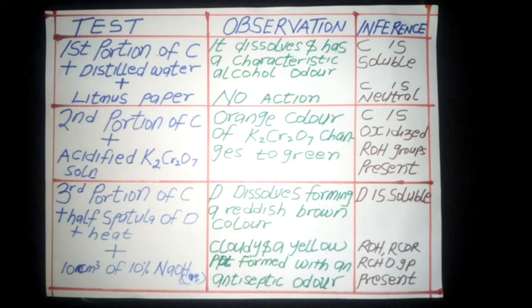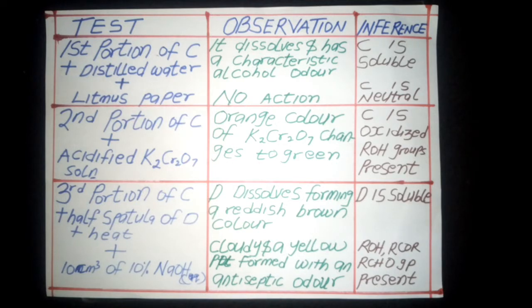Then plus 10 cm cube of 10% sodium hydroxide solution. Don't worry yourself about preparing 10% sodium hydroxide, because it will be given to you that day. It's going to be prepared for you, and it's going to be inside a bottle.